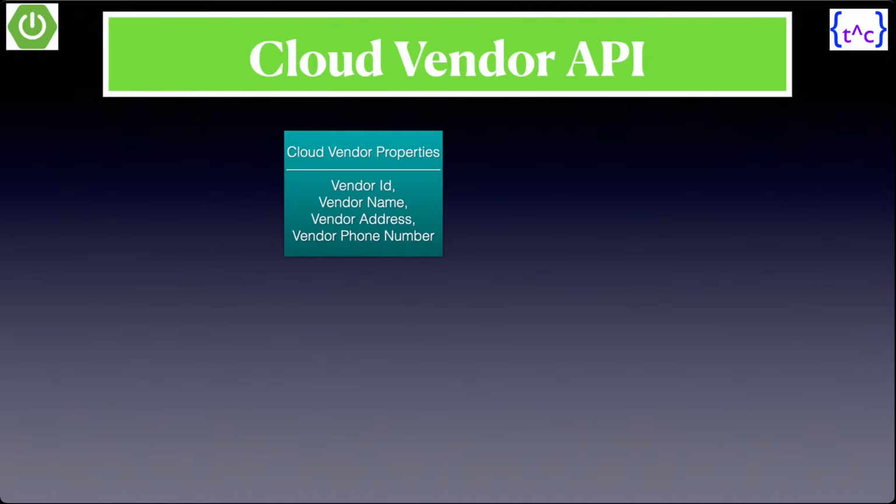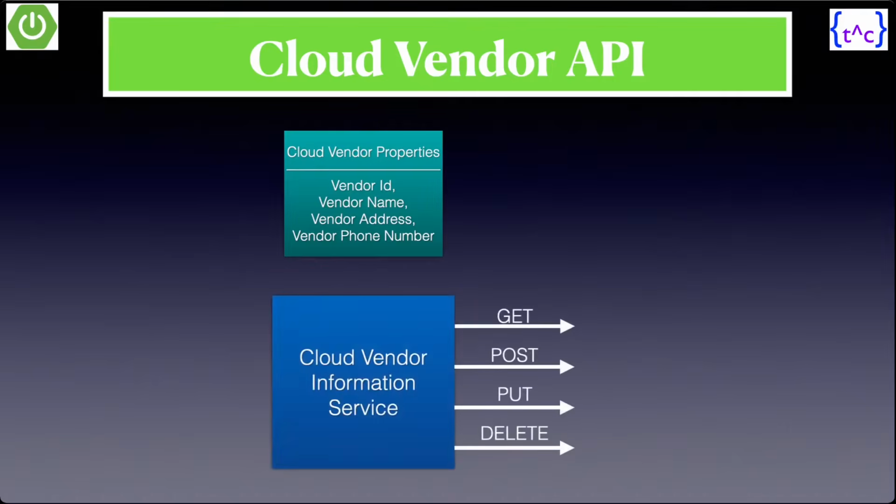And what will my Cloud Vendor service look like? It will be a Cloud Vendor information service. That means whenever anyone calls this service via GET in order to get any Cloud Vendor information, it should be able to give it. POST will also be supported in order to create a new Cloud Vendor information.